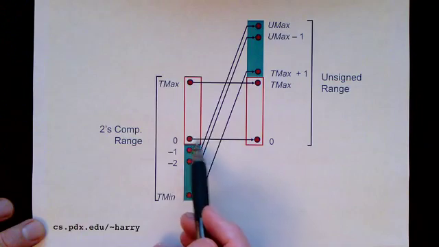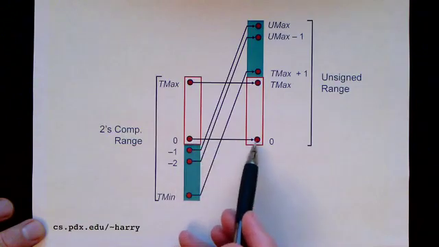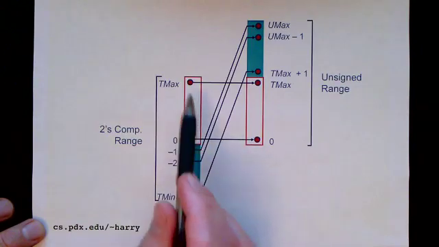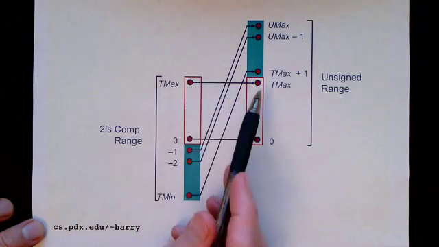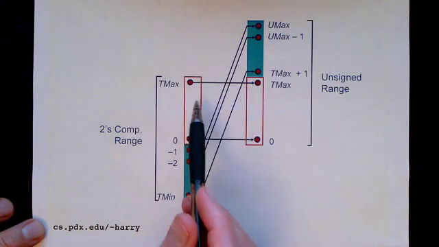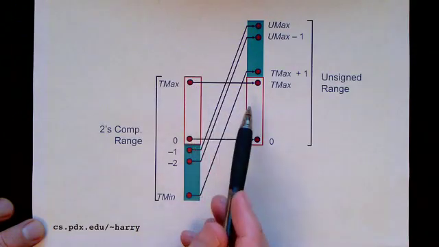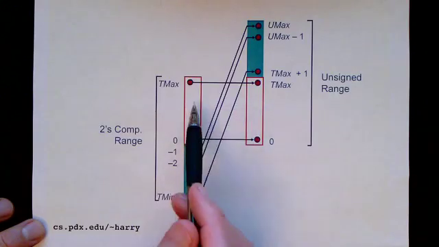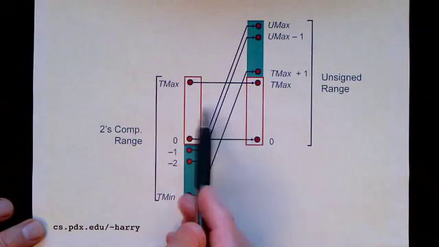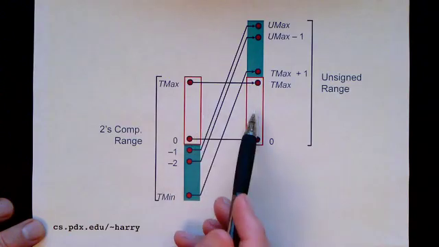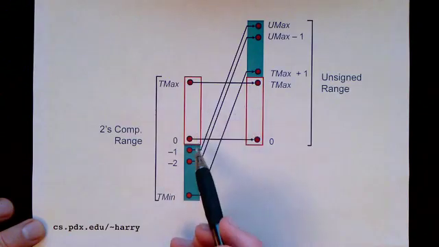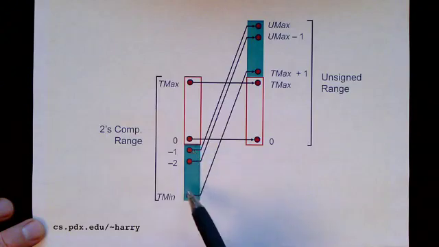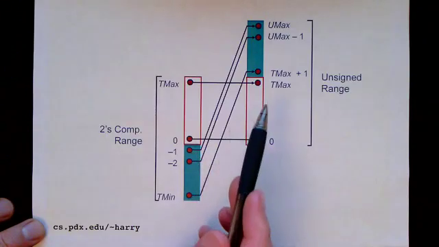If a number is in the range of 0 to this Tmax number, then its representation is the same, whether we're thinking about unsigned numbers or signed numbers. We can copy it back and forth. The bit pattern is exactly the same. The value doesn't change. Our problem occurs when we have negative numbers in a signed representation and we copy them to an unsigned.